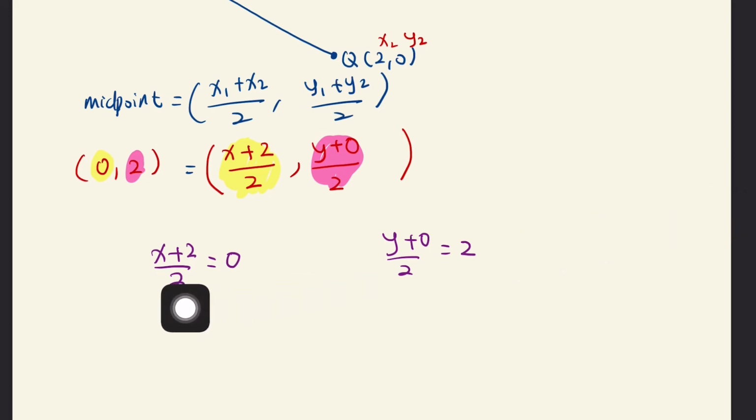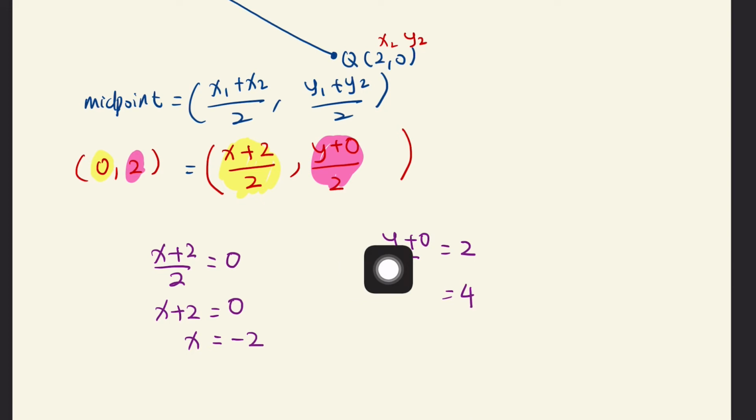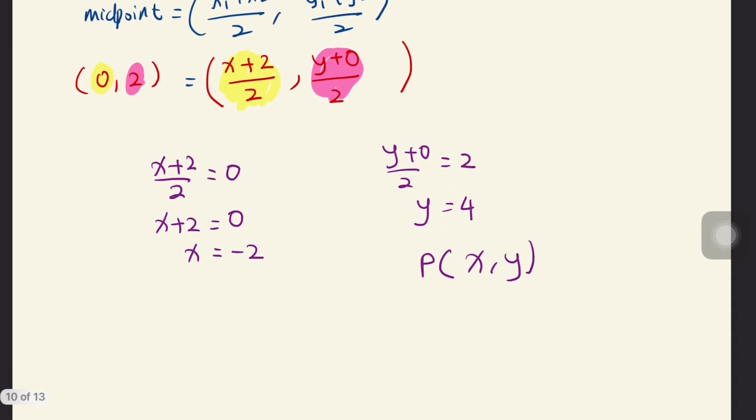So 2 bawah pindah sebelah jadi darab. So 2 darab kosong jadi kosong. So x plus 2 is equals to 0. So x is equals to plus 2 pindah sebelah jadi negative 2. Yang sini pula 2 times 2 is 4. Y plus 0 is y. So coordinate P kita tadi adalah xy, betul? So it is also equals to P negative 2, 4. Macam itu.